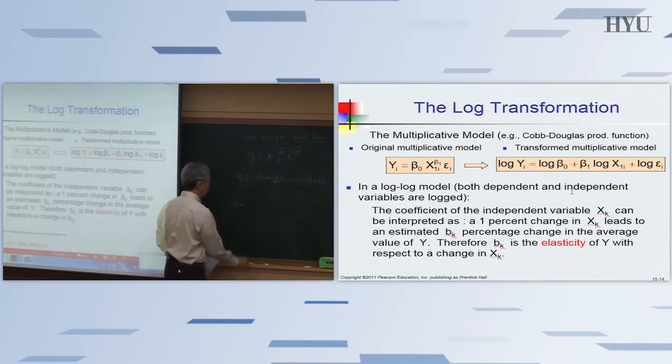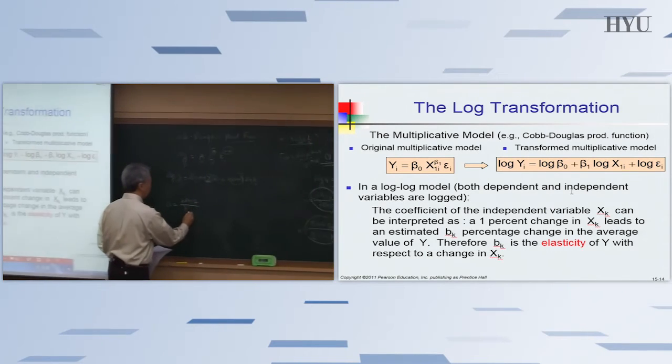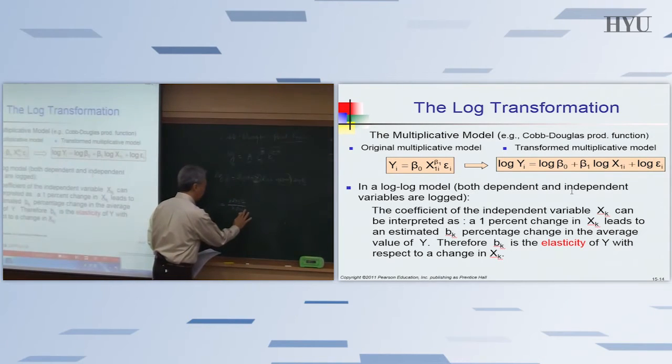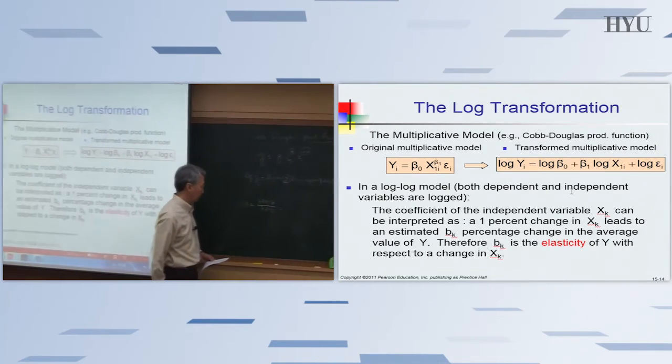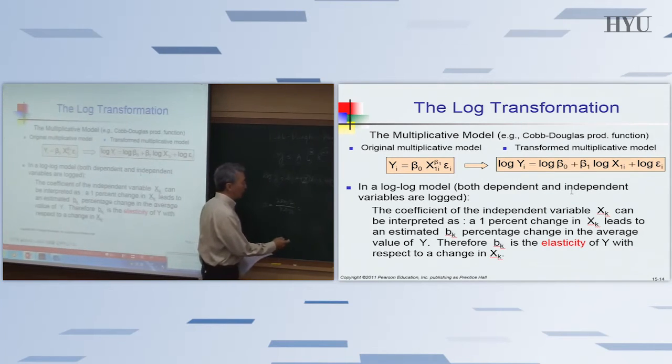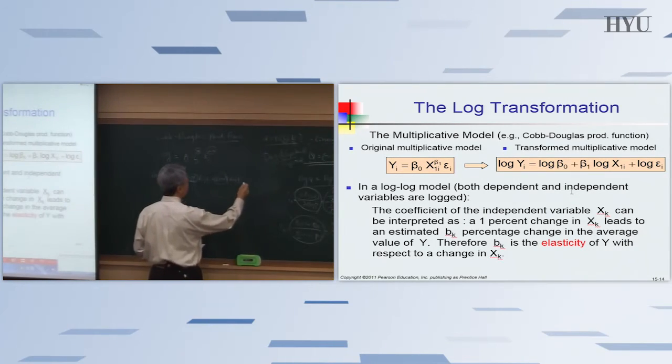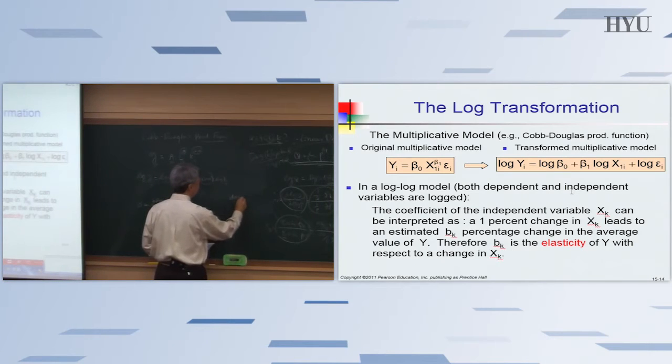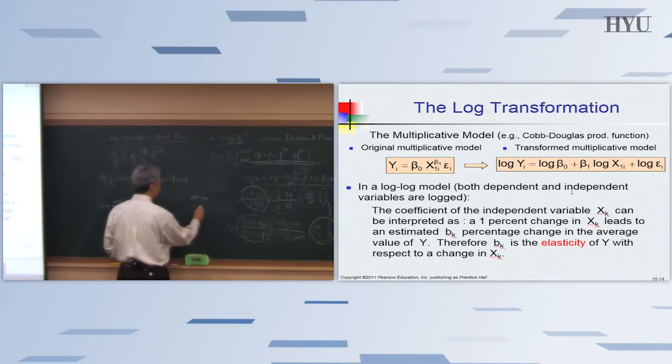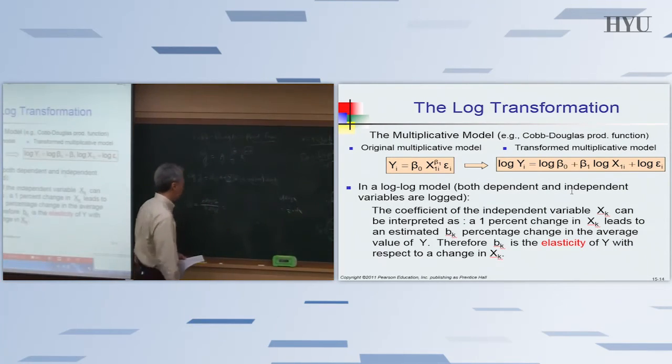Again, alpha will be the partial of log Y with respect to log of L. And using, again, d log x is 1 over x dx, this is going to be 1 over Y dY over 1 over L dL.